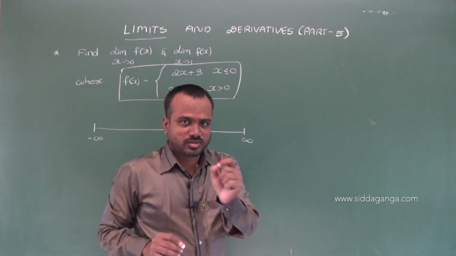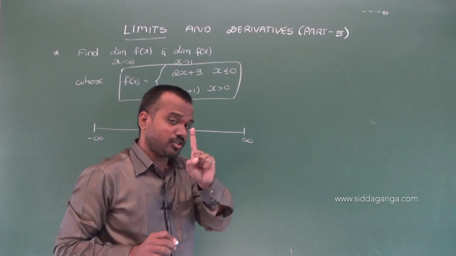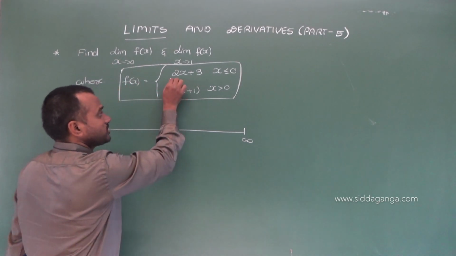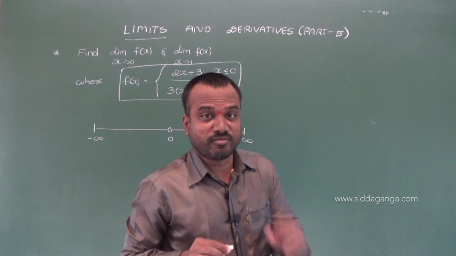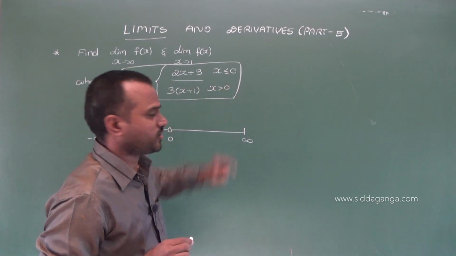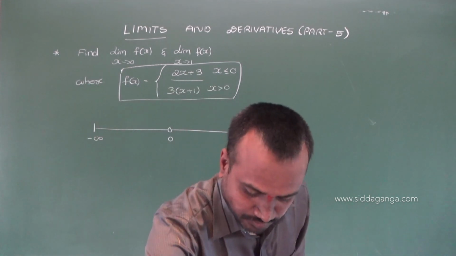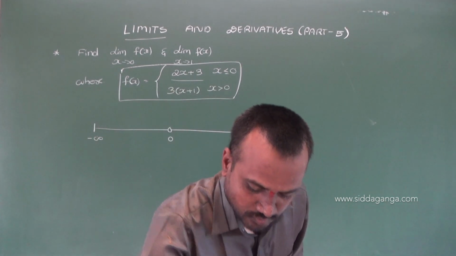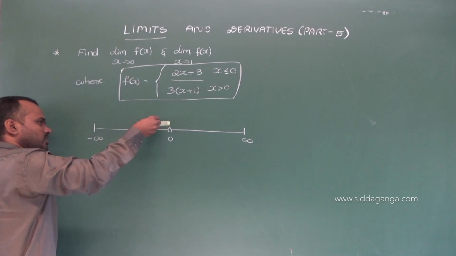The rule of the function is to use the function 2x plus 3 when the domain is less than or equal to 0, up to this, including 0. See, observe here, this is very important.